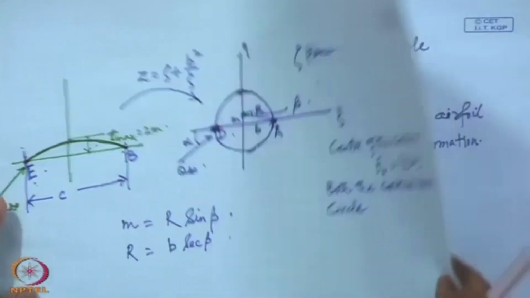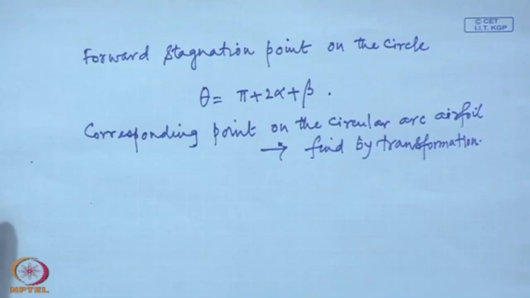How much will this be? Assuming beta very small, approximate the chord.